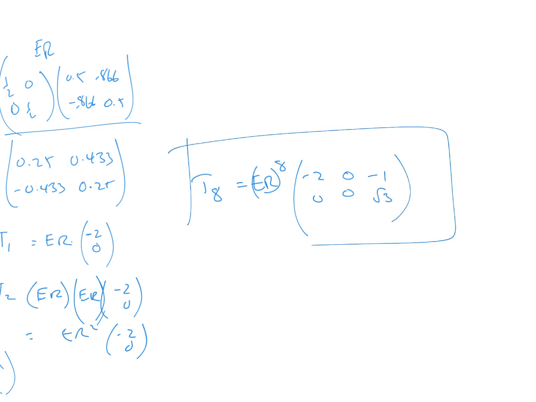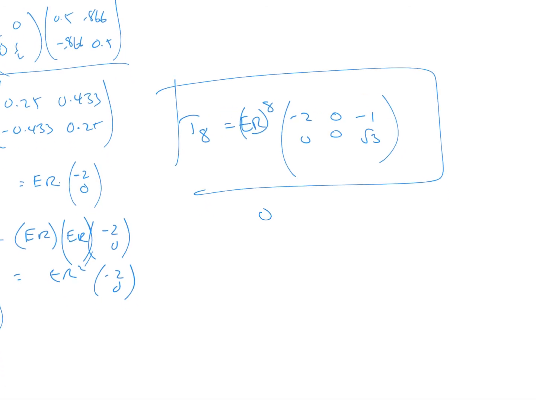If I multiply this all out, I end up with 0.00391, 0.00781. Oh, I have these two backwards.